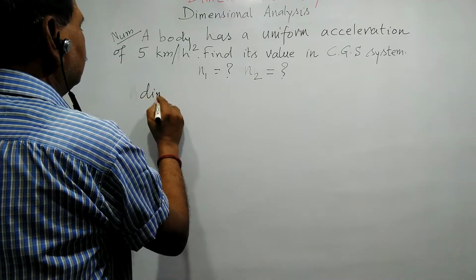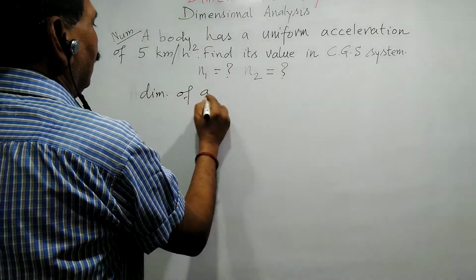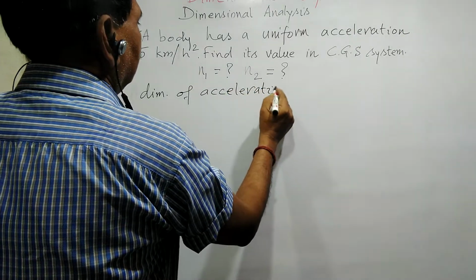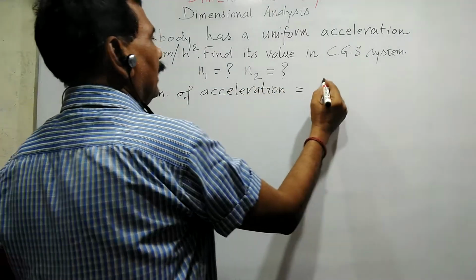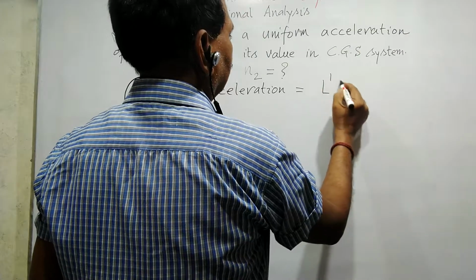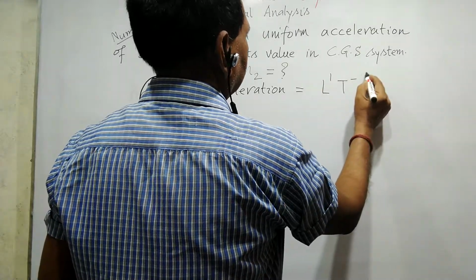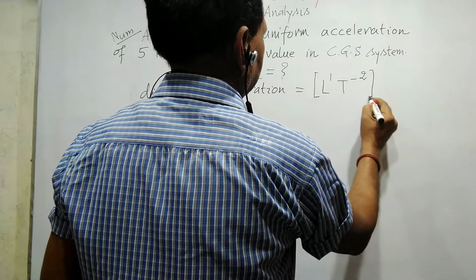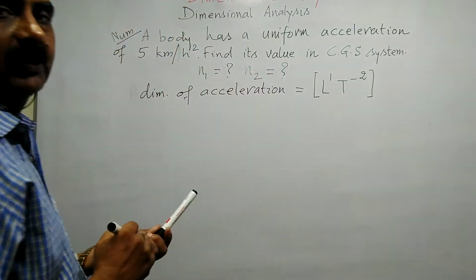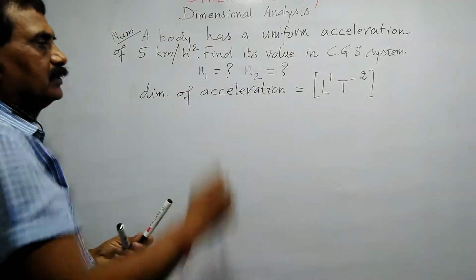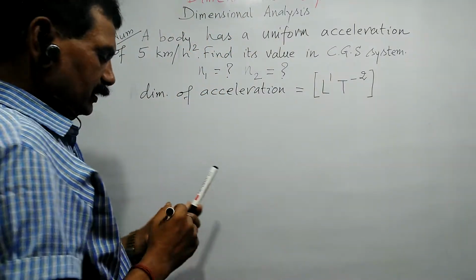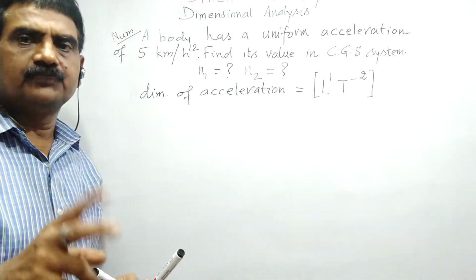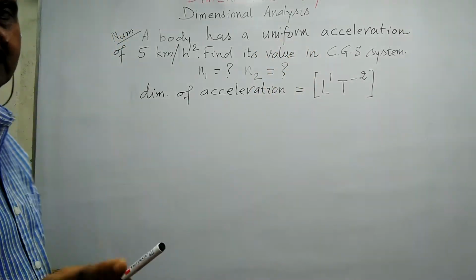Then the dimension of acceleration, already we know, is L to the power 1, T to the power minus 2. Then what do we do in conversion of units? We write down for the second system with suffix 2 and the first system with suffix 1.